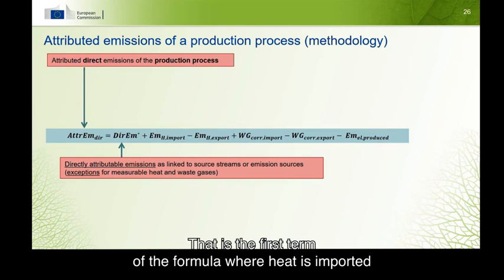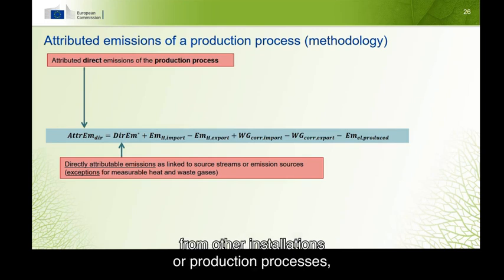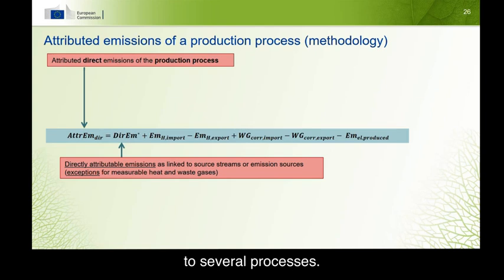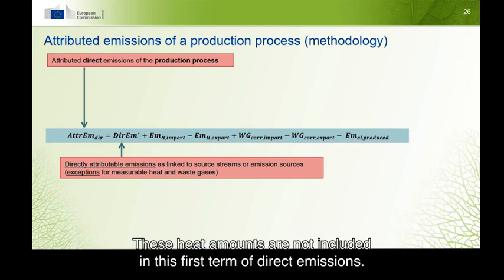Where heat is imported from other installations or production processes, or where heat is centrally provided from a boiler or CHP plant to several processes, these heat amounts are not included in this first term of direct emissions.